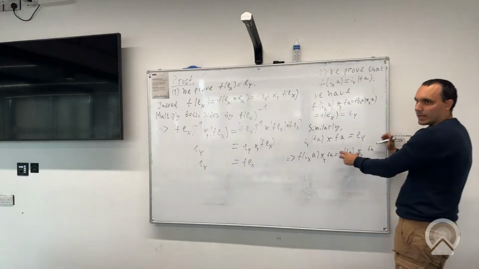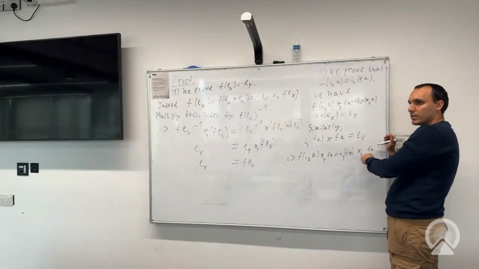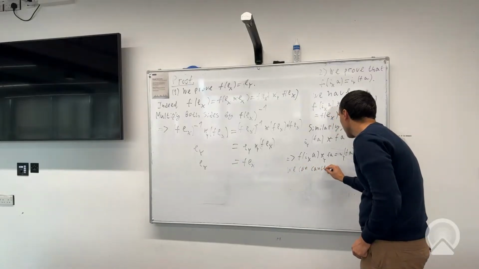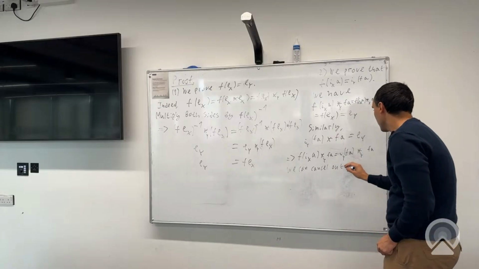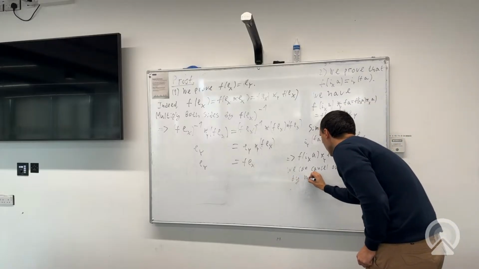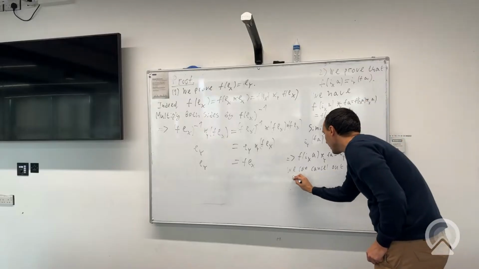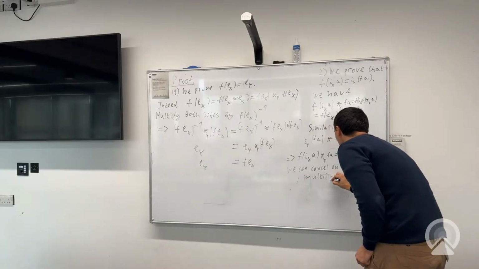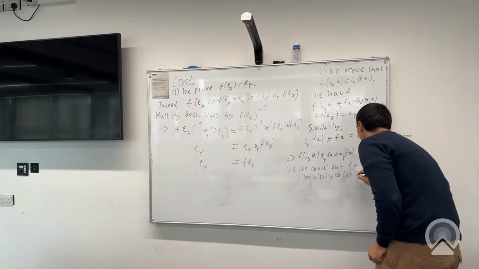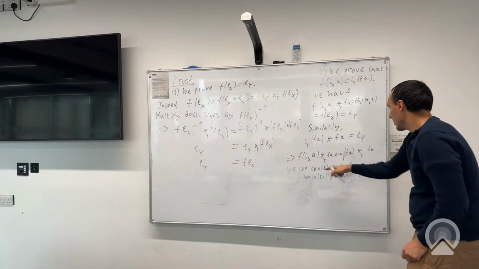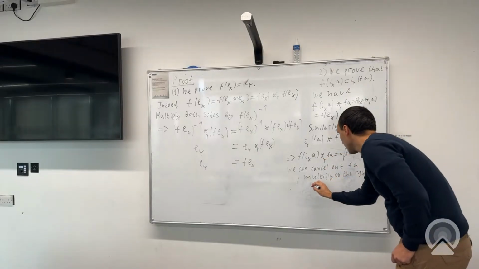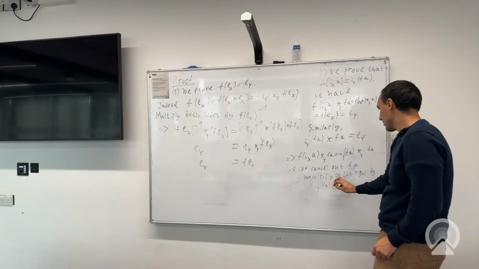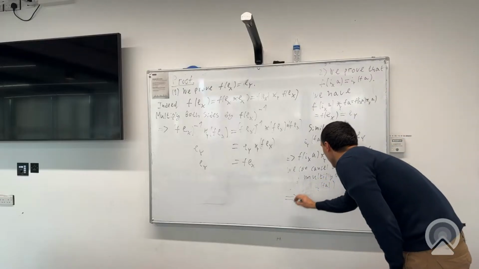And we can cancel out f of a by multiplying on the right by f of a to the minus 1. And so these things are equal.